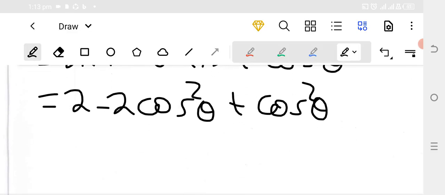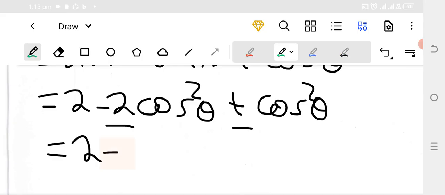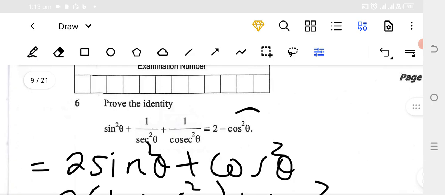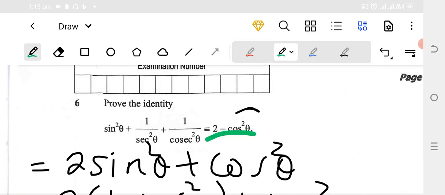To continue, it's going to become 2 minus, here there's a negative 1, here there's a positive 1. Since cos theta squared is common, when there are different signs, you subtract and take the sign of the bigger number, which is the negative that I've put there. So it's going to be negative cos theta squared. And if you check properly, that is what we were taught to do.